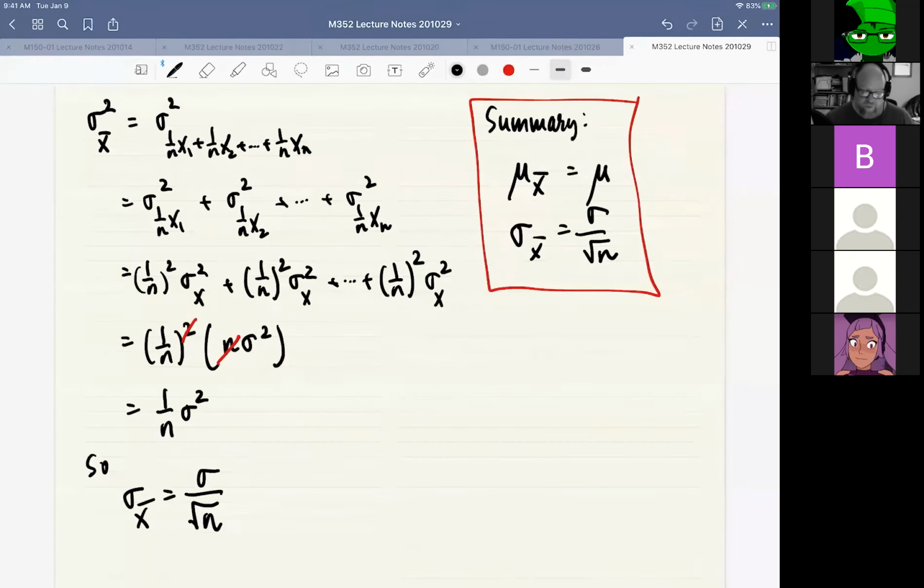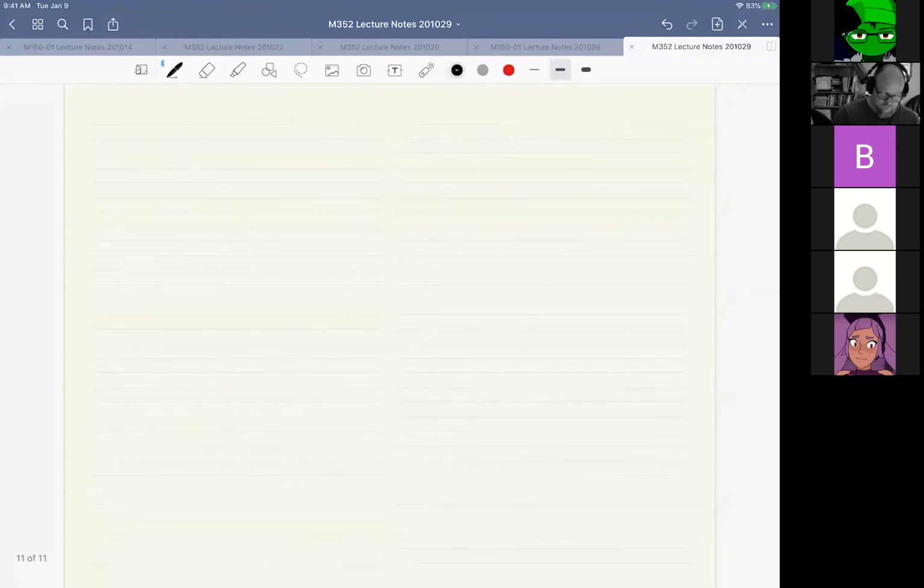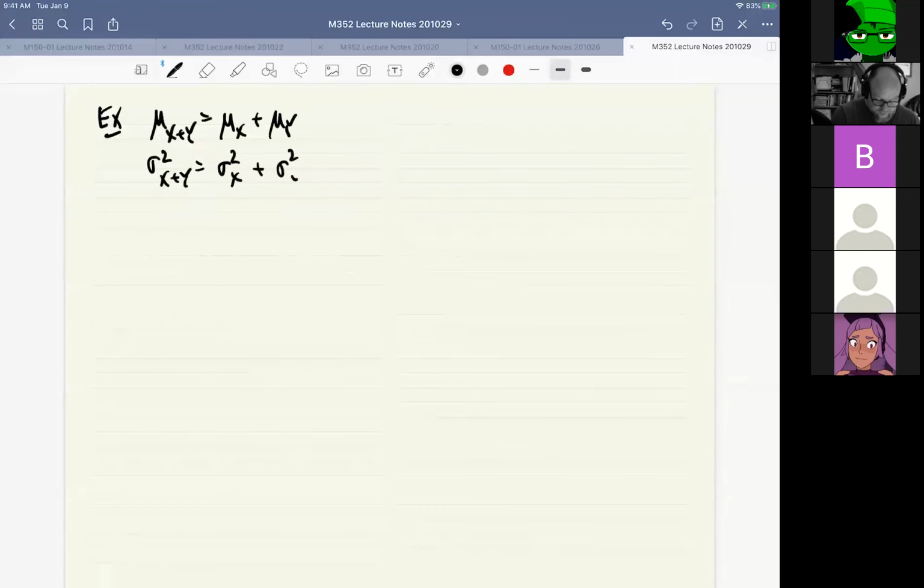I'm going to do an example that uses the idea that the mean of the sum is the sum of the means, and the variance of the sum is the sum of the variances. And then next time I'll start out with an example that uses the sample mean.